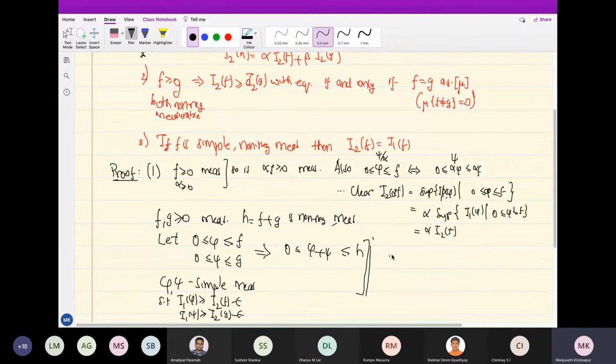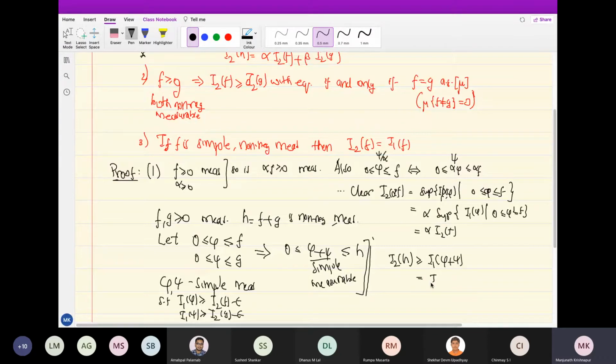So what this will imply is that, since phi plus psi is also simple and measurable, it is in the supremum set for I2 of h. Therefore, I2 of h is greater than or equal to I1 of phi plus psi.